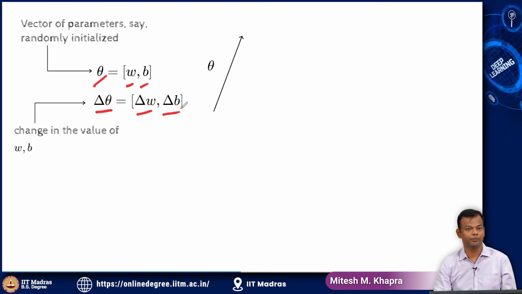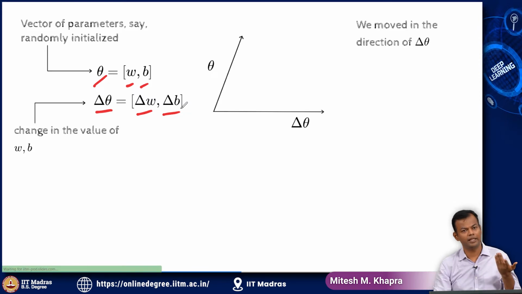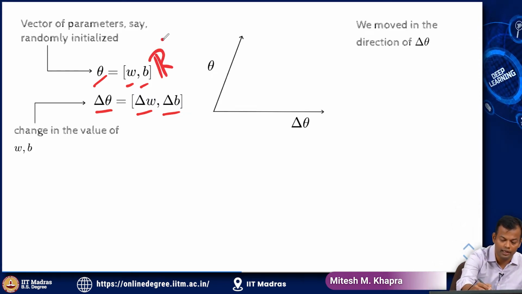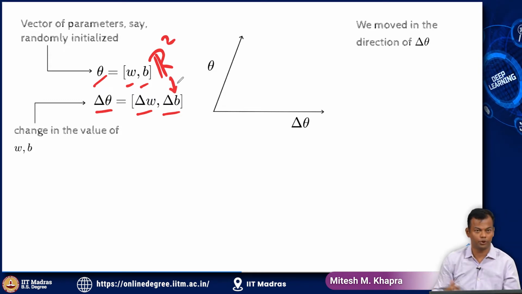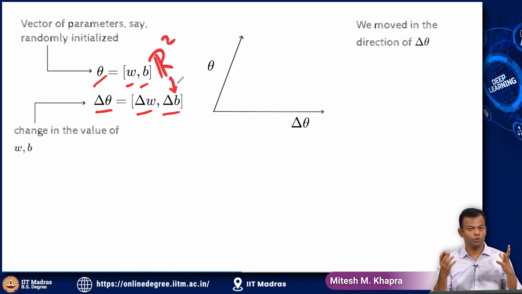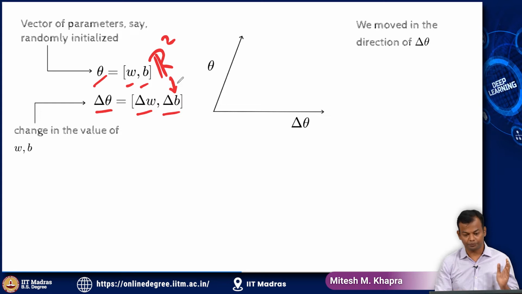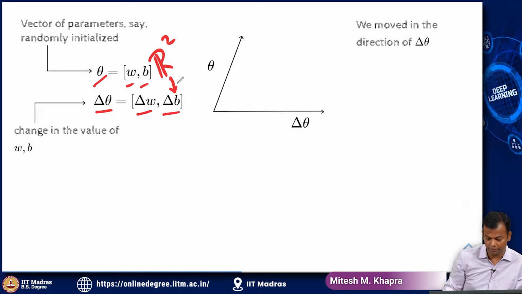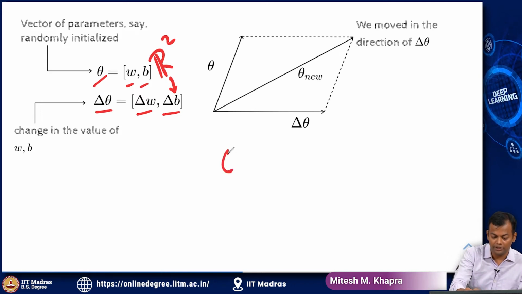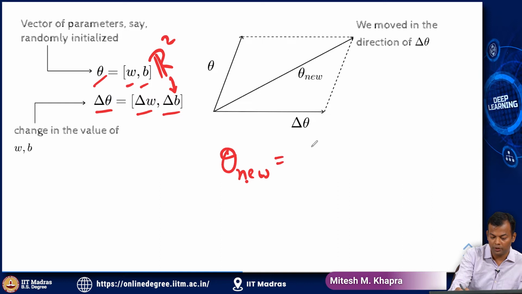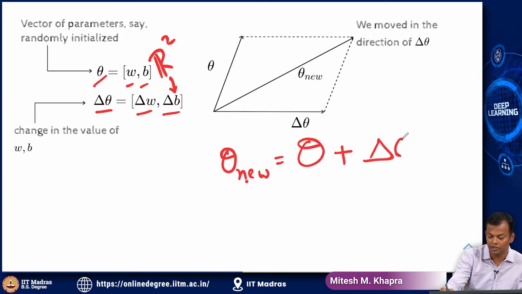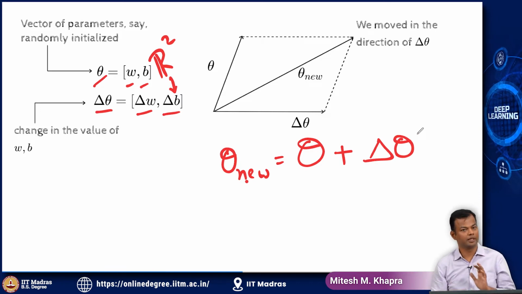So this is my theta, some vector. Delta theta is also a vector in R2. Similarly, this is also a vector in R2. Now, these are two vectors. My change is going to be given as theta new is equal to theta plus delta theta.